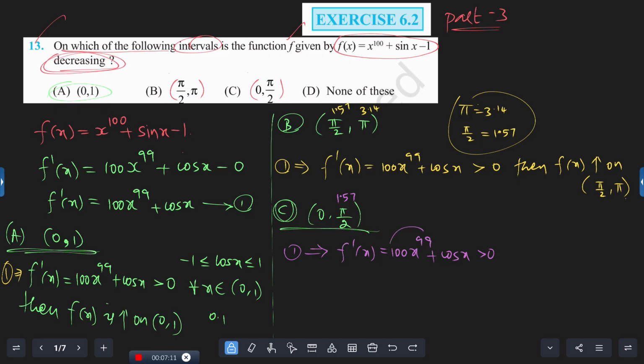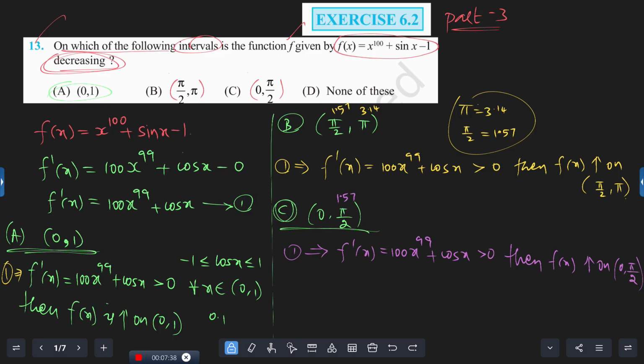If you give x value 1, you will be getting 100. Suppose x value minus 1 or plus 1, if you subtract any number from 100, that is also positive. So surely it will be greater than 0 only. Then f of x is increasing on 0, pi by 2.